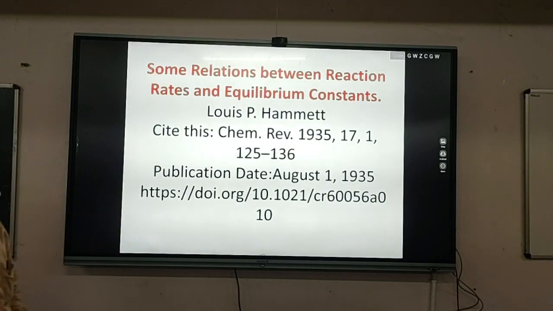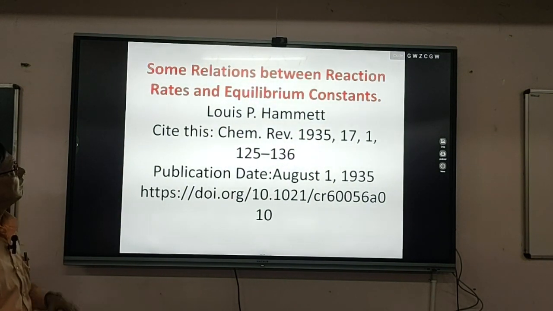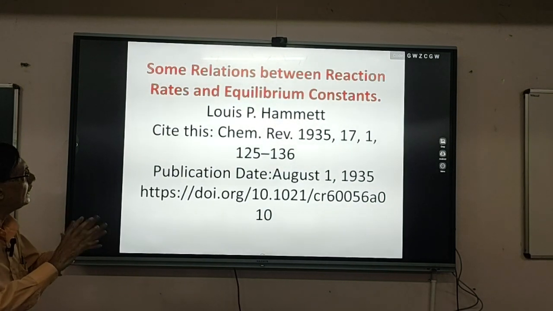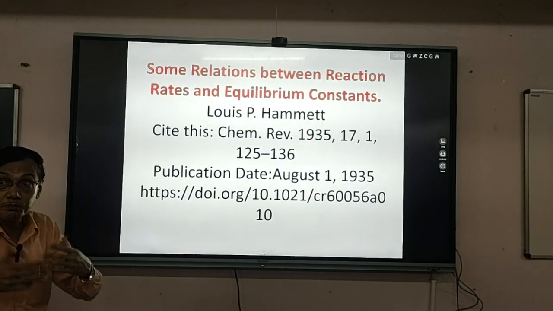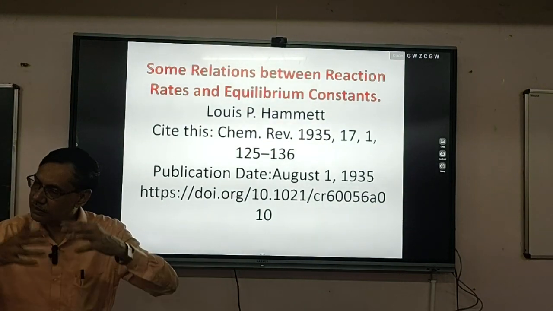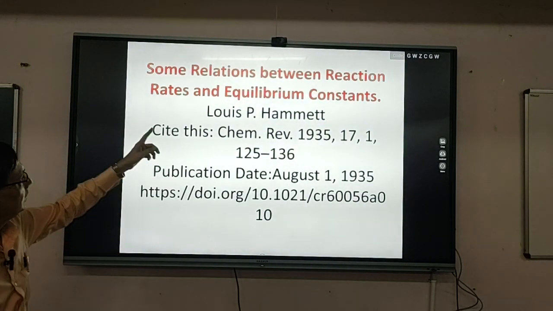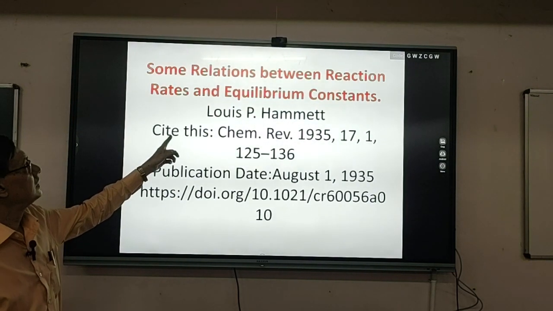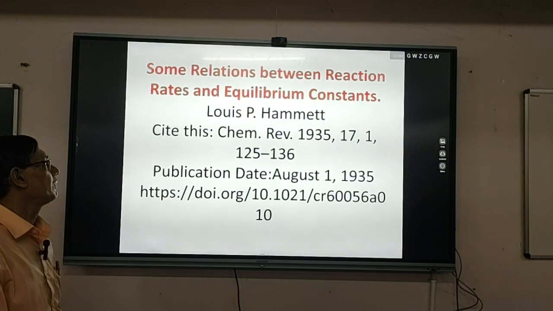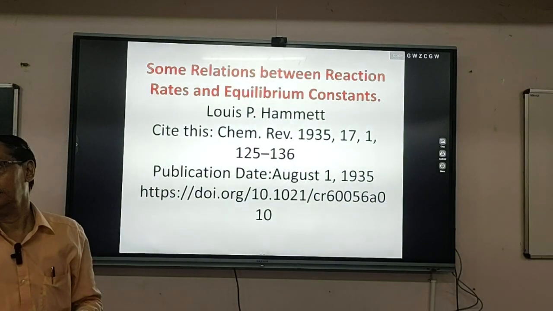So the first paper Professor Hammett published, some relationship between the reaction rates. You will be surprised when I will give the one relationship. So his first paper is the some relation between the reaction rates and equilibrium constant.